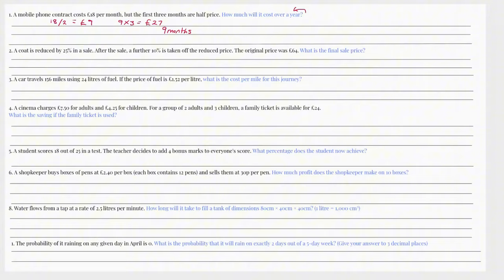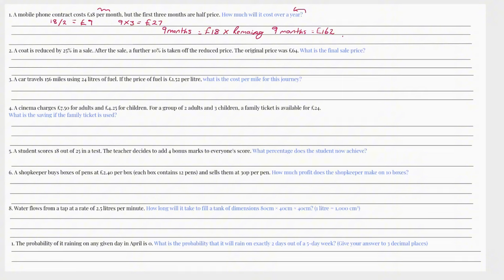We know it's £18 per month, so we're going to do £18 times our remaining 9 months, which gives us a total of 162. So now we need to answer the question, how much will it cost over a year?